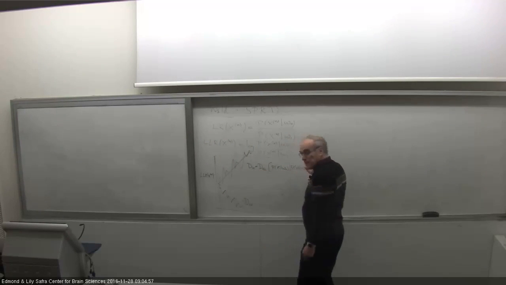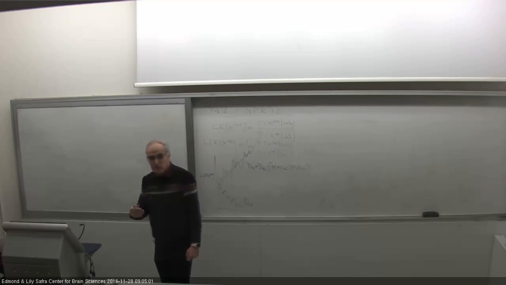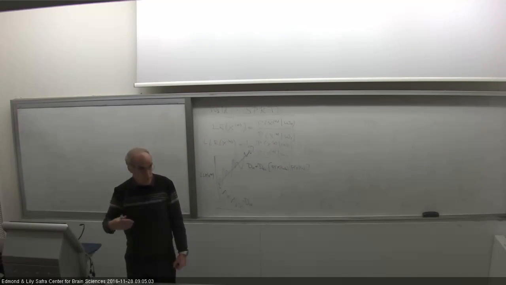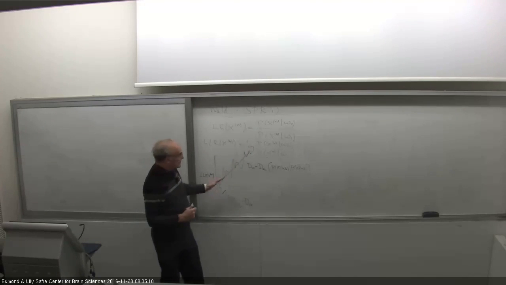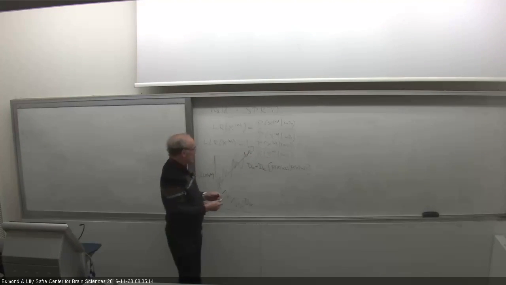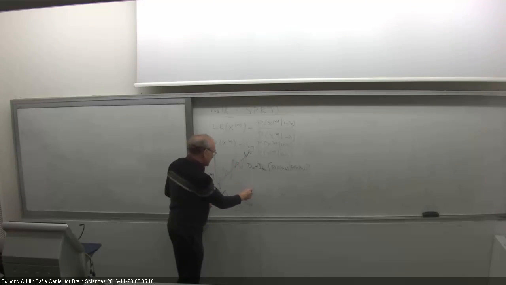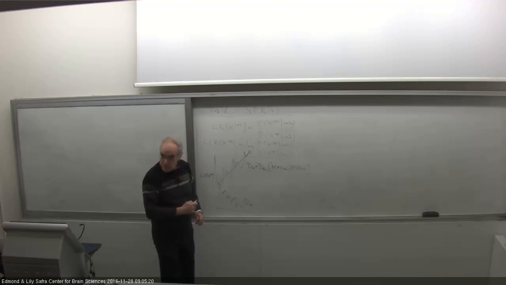I'm going to call them the information gain rate, or sometimes the information per sample that I get. You see that the slope of this curve is going to determine how fast I cross any threshold here. The average number of samples for which I cross the threshold is determined by this slope.